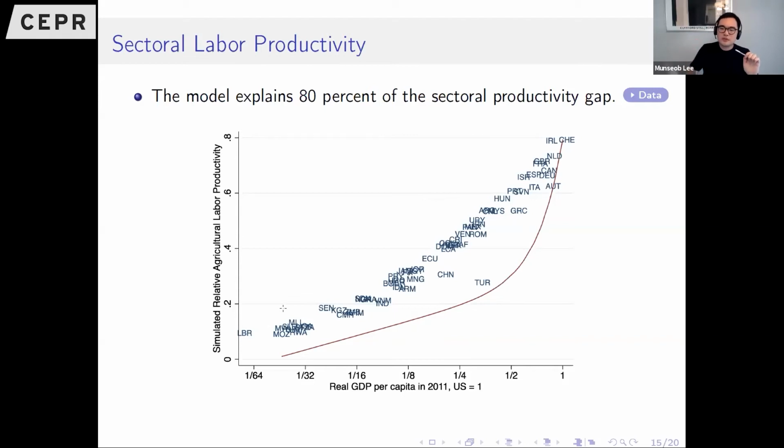Over the process of structural transformation, the size of the agricultural sector shrinks, so only very talented workers are going to work in the agricultural sector. That's what you see, the increase in the relative agricultural productivity, but the deviations are basically my own channel. Say Turkey, you see that the simulated relative agricultural labor productivity is much lower than other countries with a similar level of GDP.